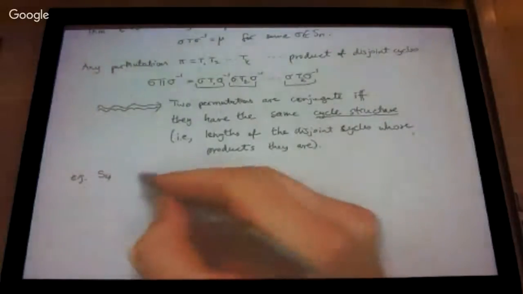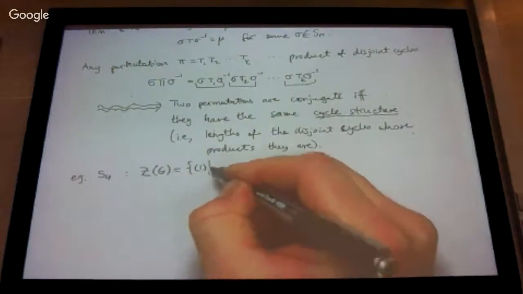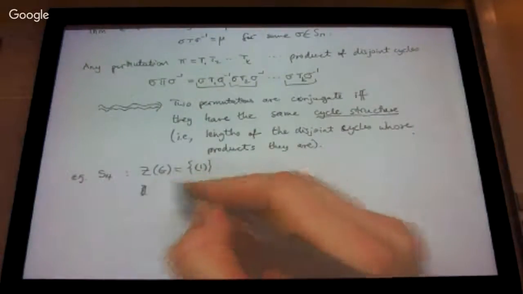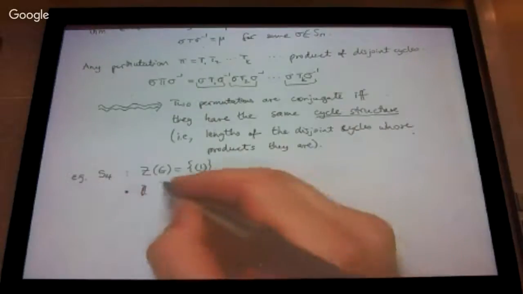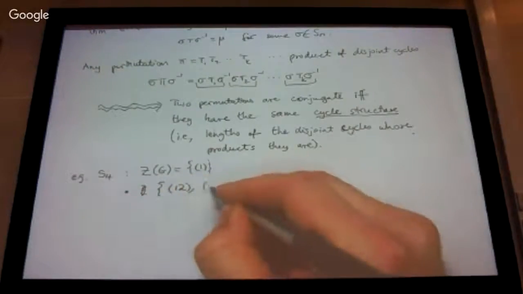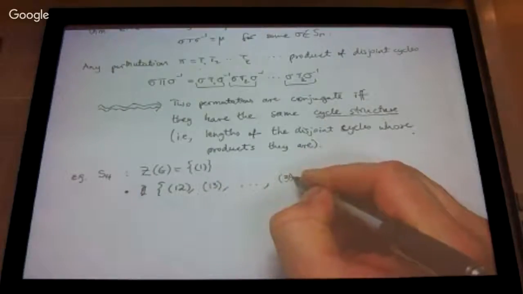But S4, well, it has the center, which is all the cycles of length 1, something like that. And then the remaining conjugacy classes: you have all the 2 cycles, 3, 4.